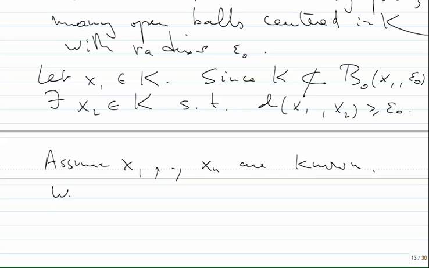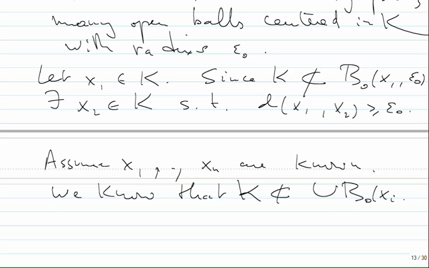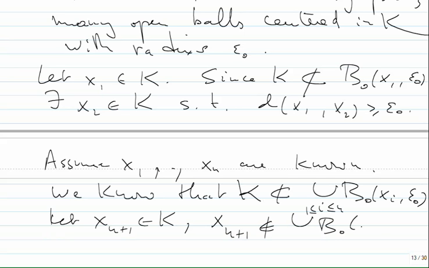We know from the assumption that K is not in the union of the open balls centered at xi with radius epsilon 0. Let xn plus 1 in K be such that xn plus 1 is not in the union of these open balls.